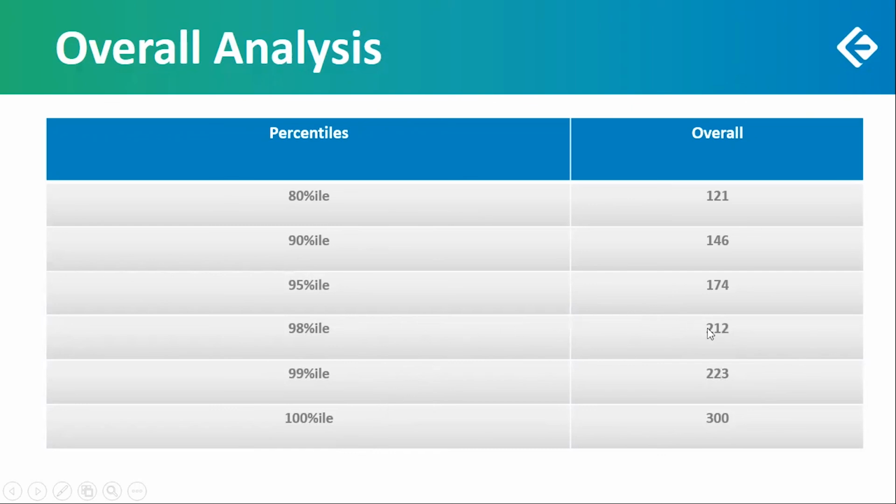So overall, you should have aimed at around 212 to about 230, that range at least, if you are aiming for top colleges under CMAT as far as this particular mock is concerned.